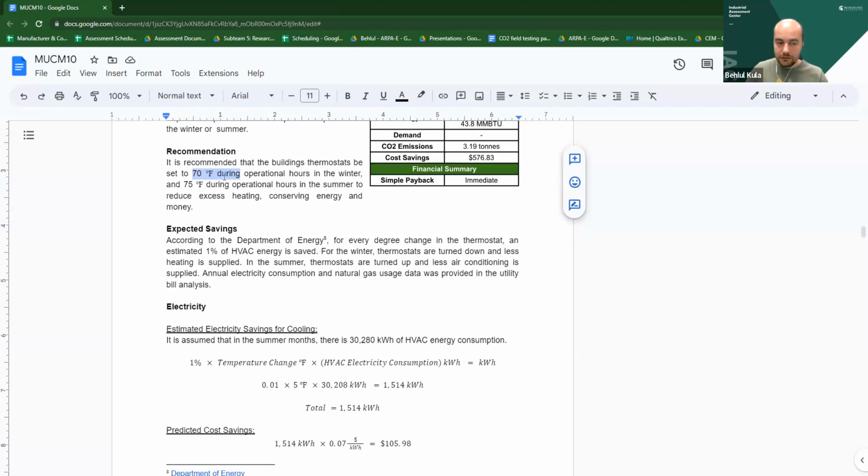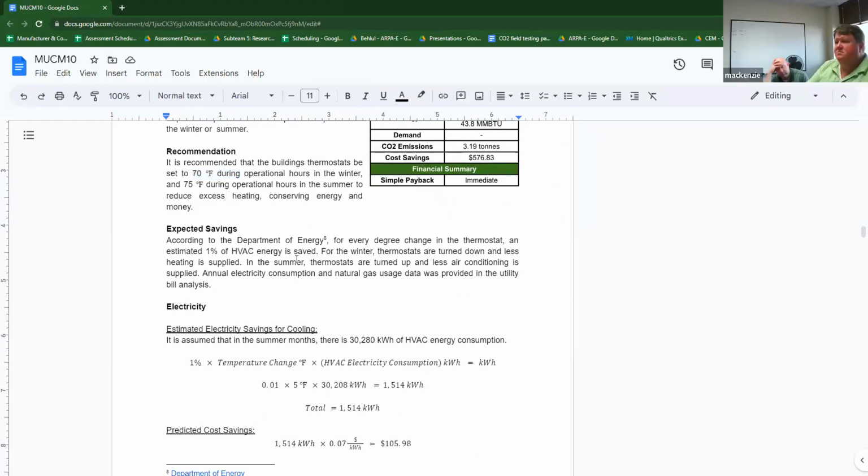But you can just change this to your needs, and you can just use that 1% of saving for each degree. Abby's office right now would be 9% roughly savings, and other offices would be 5% savings.